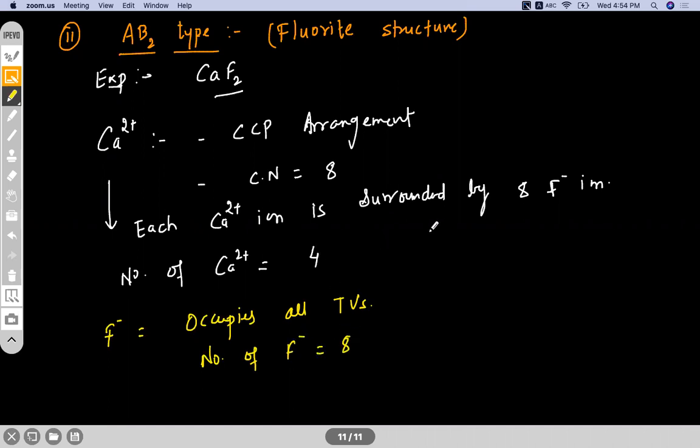This is 8, this is 4, and hence the formula is CaF2. Each F- ion is surrounded by 4 Ca2+ ions, so coordination number of this is 4.